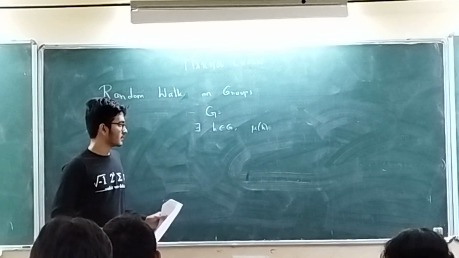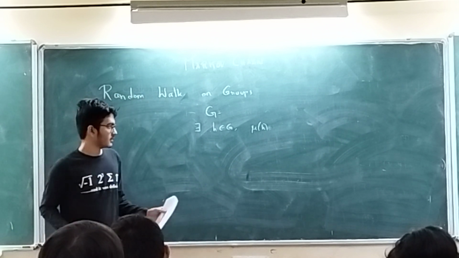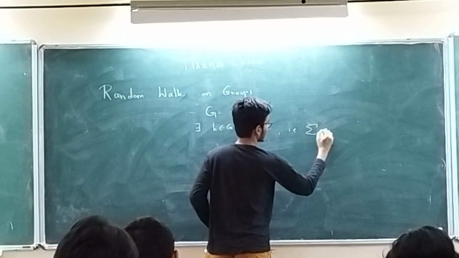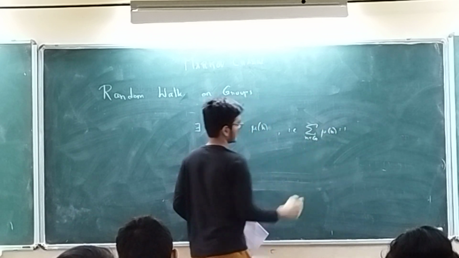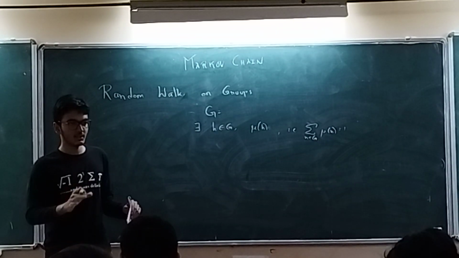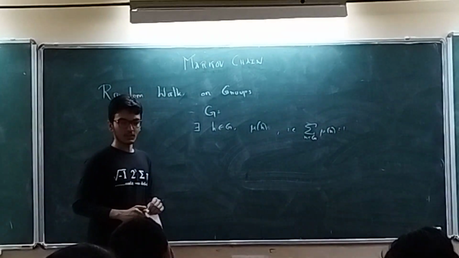Basically I am giving this G a distribution, that is, the probabilities sum to 1. Each element of the group has some probability. That is the distribution on this G.